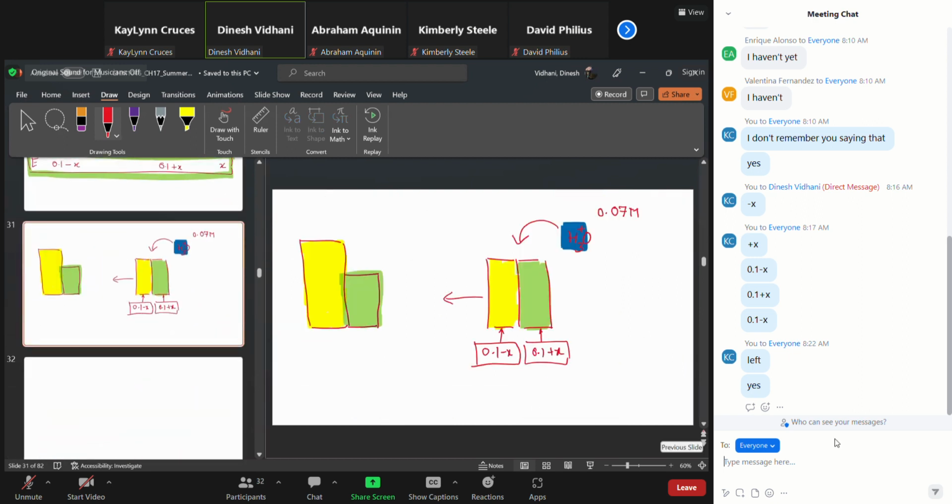Now, when I add this amount, can you tell me what should happen to this number? Because I already gave you how much acid I'm using. Very good, Roberto. So this amount is 0.1 plus X minus 0.07. What can I say about this amount?